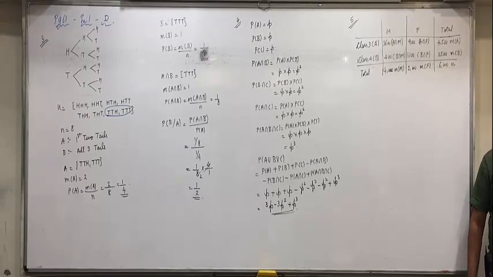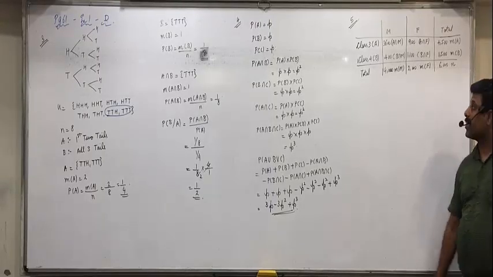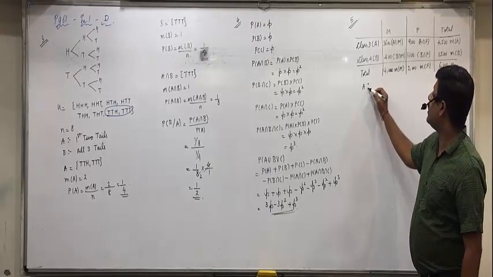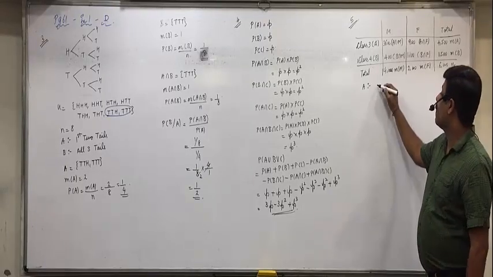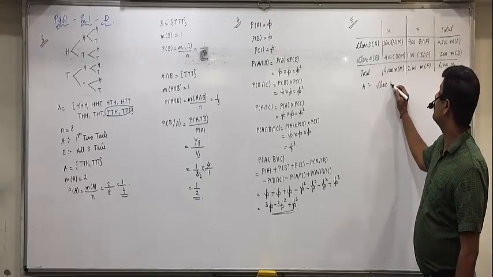So write that first. Let event A be the event that the employee belongs to class 3.